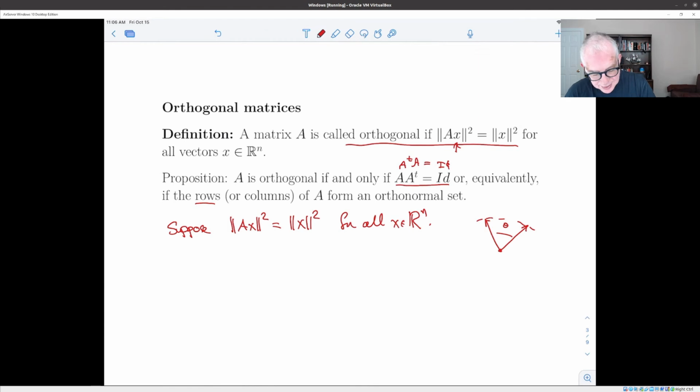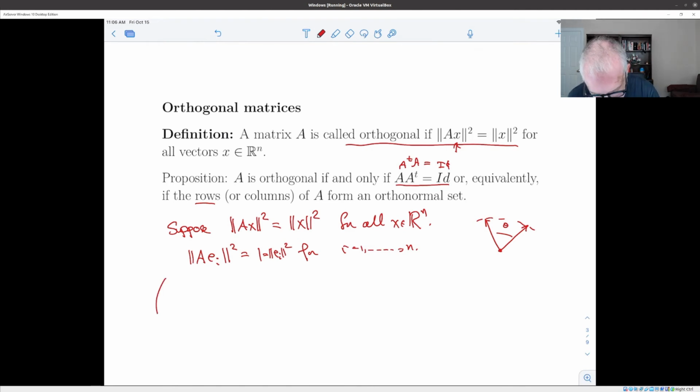Well, in particular, that means that the norm of A e_i is equal to 1 for i equals 1 up to n, because the basis vectors e_i have length 1, so the norm of A e_i squared must be 1. And remember that A e_i, if you think about the matrix A, the coefficients of A e_i are just the ith column of A.